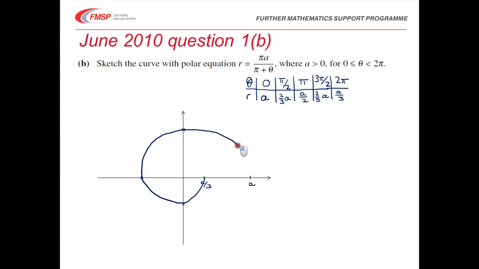The quality of your diagram will be mitigated by clear labelling of those intersection points.